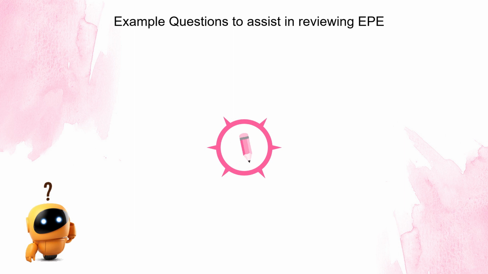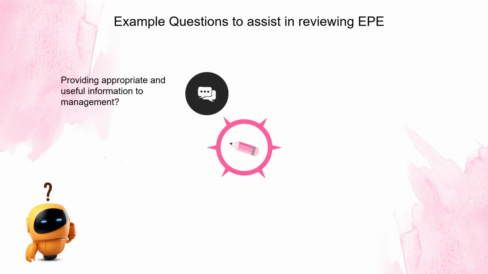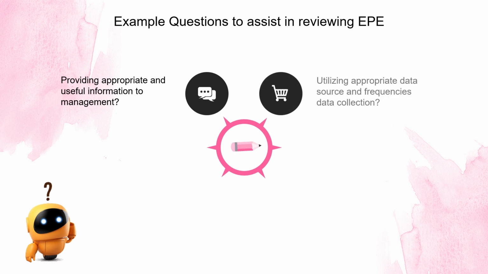Example questions to assist in reviewing of EPE. To assist in reviewing of EPE, the organization can ask a few questions. For example, is the organization providing appropriate and useful information to management? Second, is the organization utilizing appropriate data source and frequency of data collection?